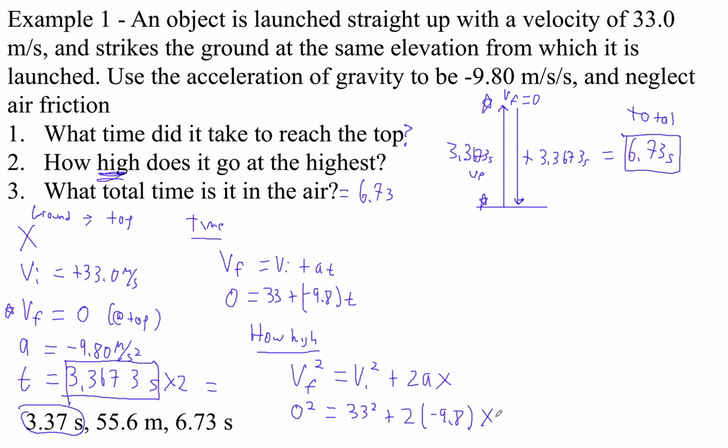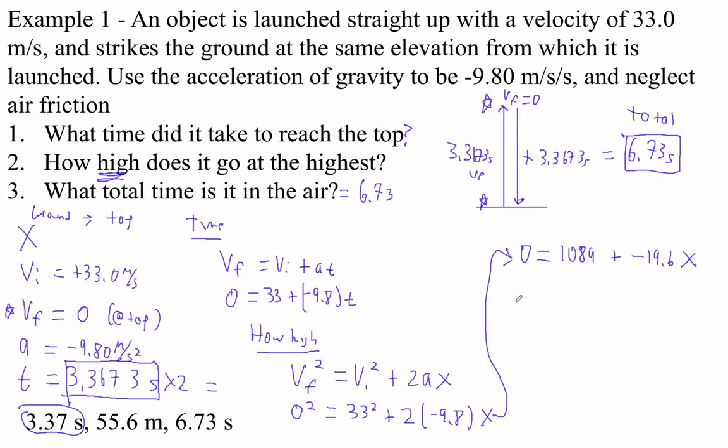I'm going to now take the next step here. 33 squared is a big number. So 0 is equal to 1089 plus negative 19.6x.